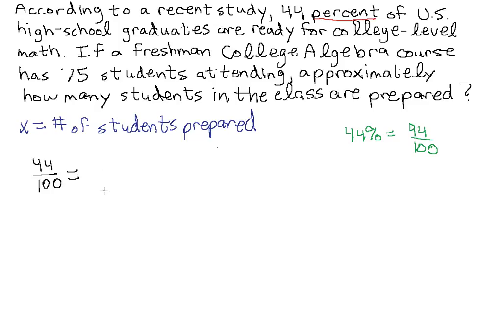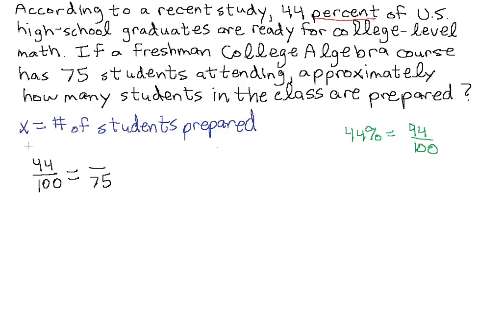And the other one that we're going to find is, if we had a classroom with the size of 100 kids, we know approximately 44 of them are going to be prepared for the course. Well, we have a smaller class here. We have a classroom of 75 instead of 100. And we want to know how many of these students are prepared for the course.